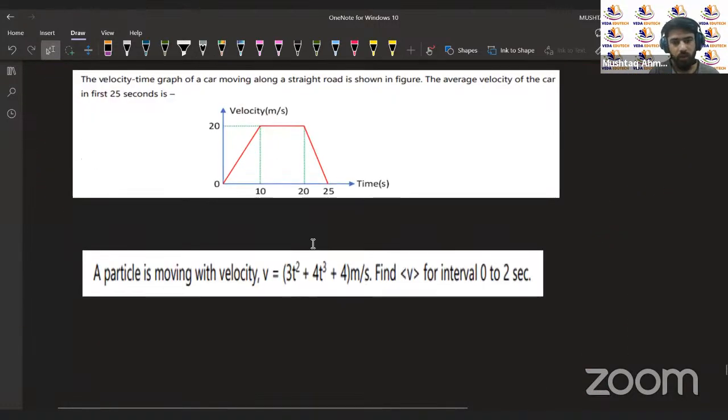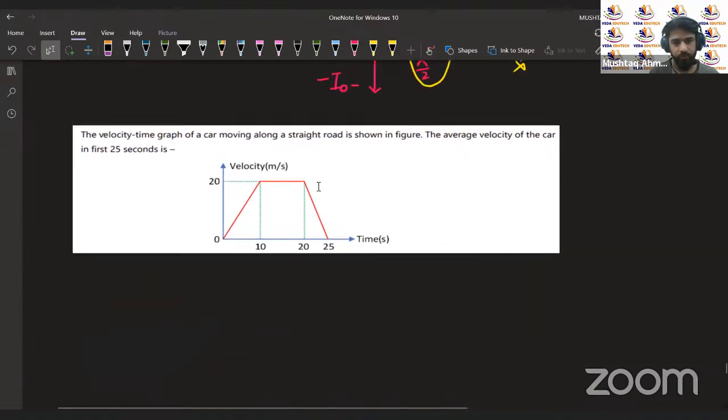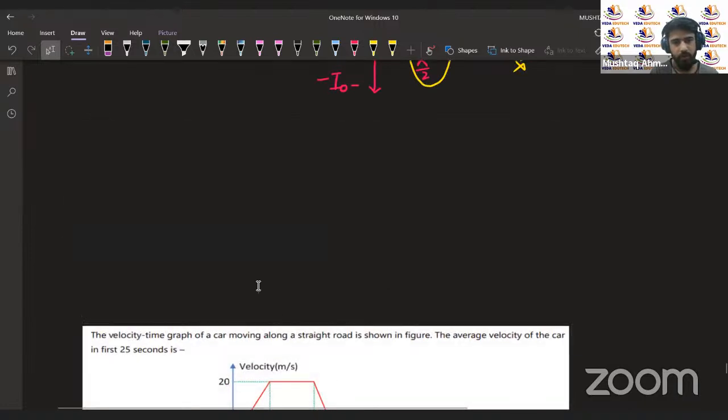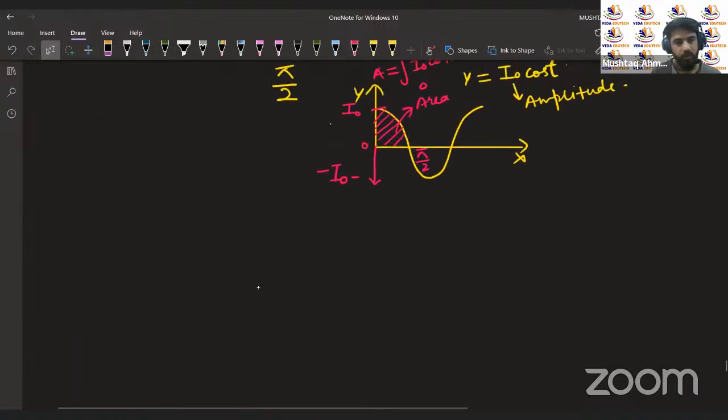So let's move on to one more question. Let's suppose that v represents our velocity, and it's given by the first derivative of position vector or displacement.